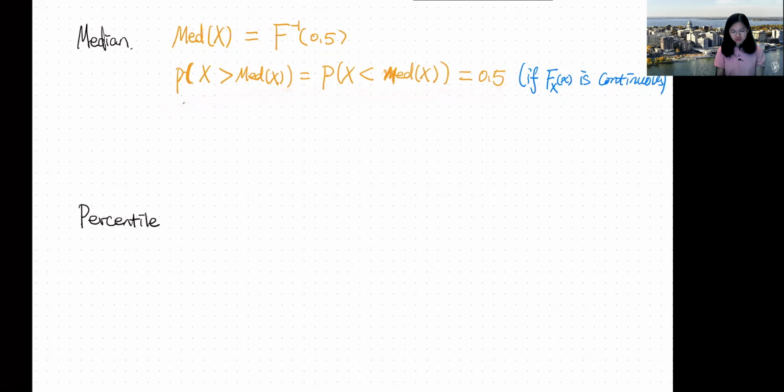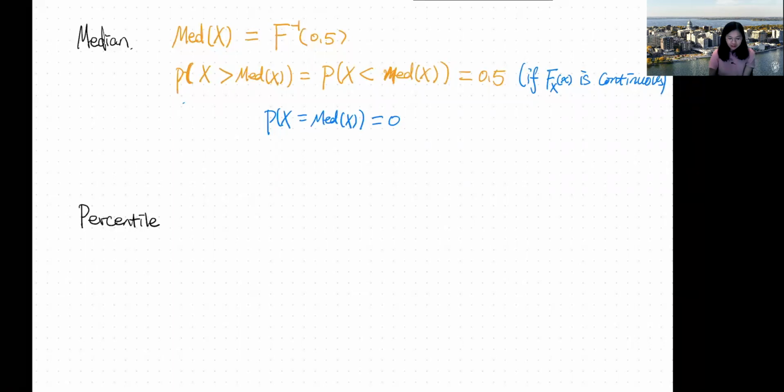Only for continuous random variables, these hold. The reason is that for continuous random variables, probability x equals median equals 0. Well, for discrete random variables, this typically is not true. So median is the 50% quantile.